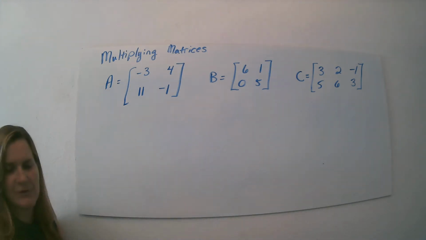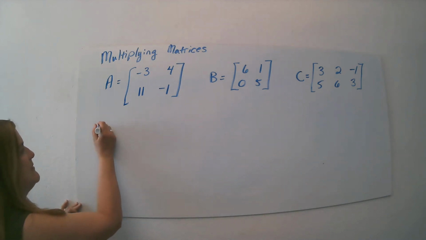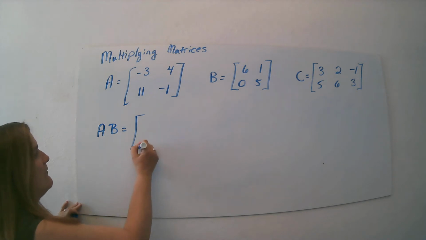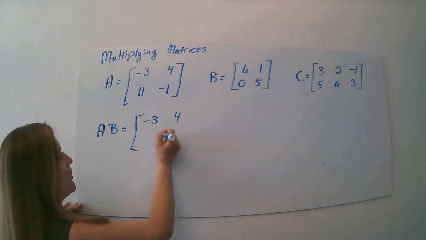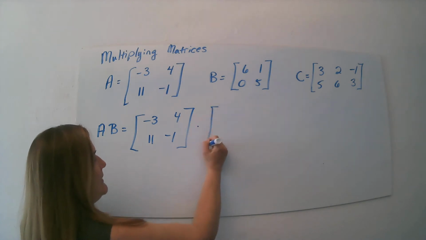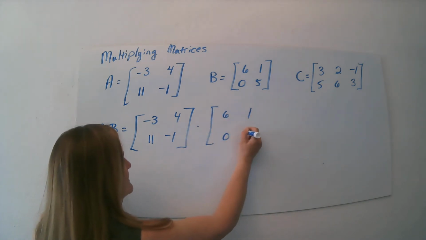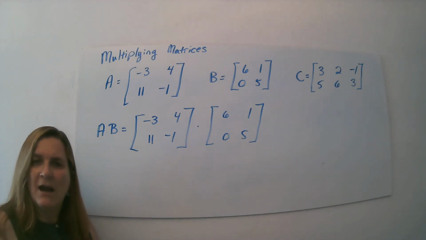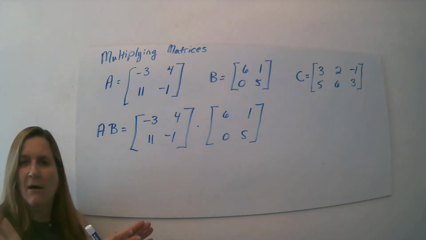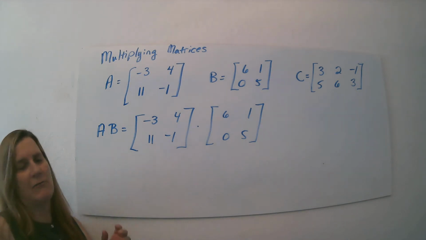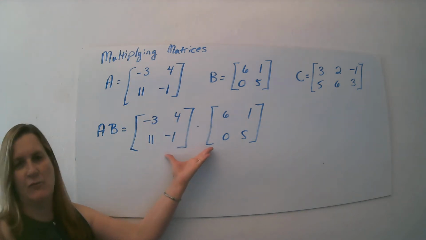So let's first find the product of A times B. So we have negative 3, 4, 11, negative 1 that we're multiplying by 6, 1, 0, 5. Now we're going to use the idea of multiplying a row by a column to figure out each entry in the resulting product of these two matrices.